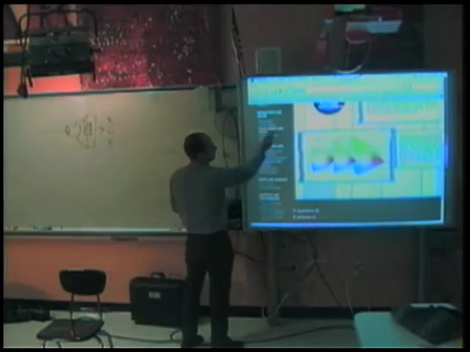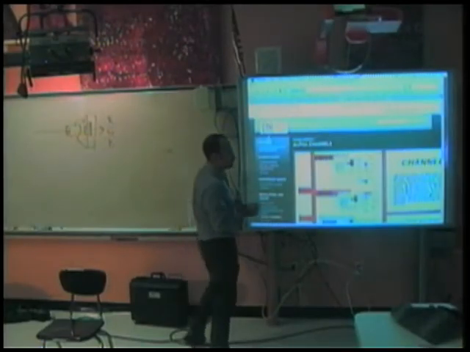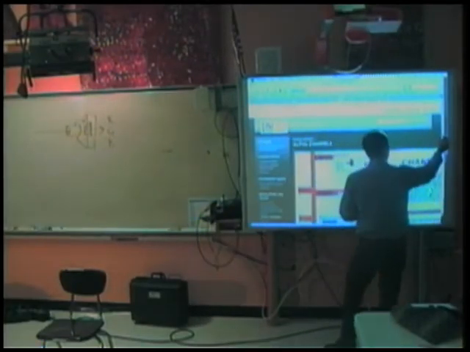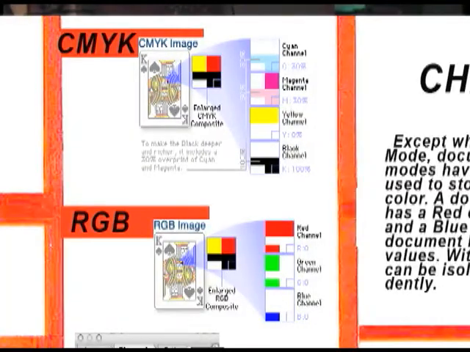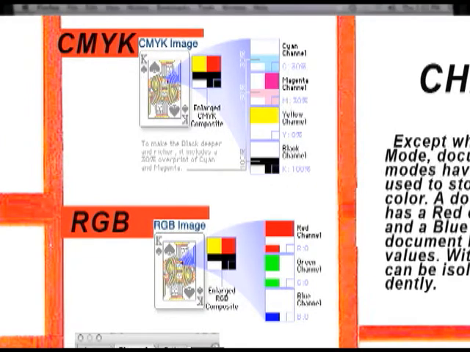Under our color models and gamut, the next page is for alpha channels and channels in general. This is a close-up of a card in CMYK, and this is a close-up of a card in RGB.